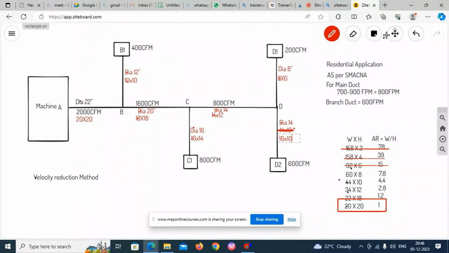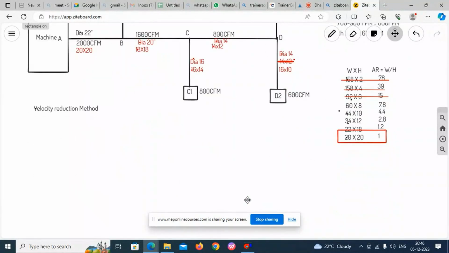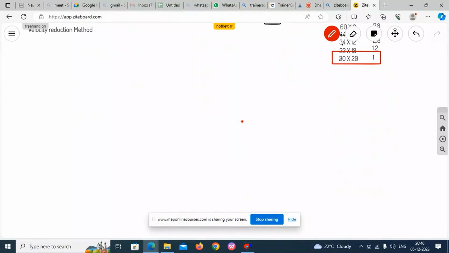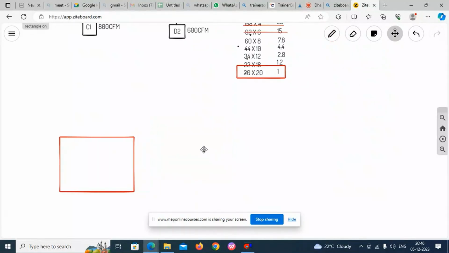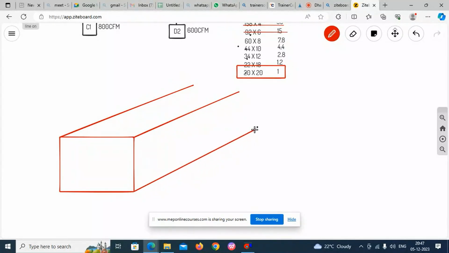What is the reason behind this? This is the width and the height of the main duct.